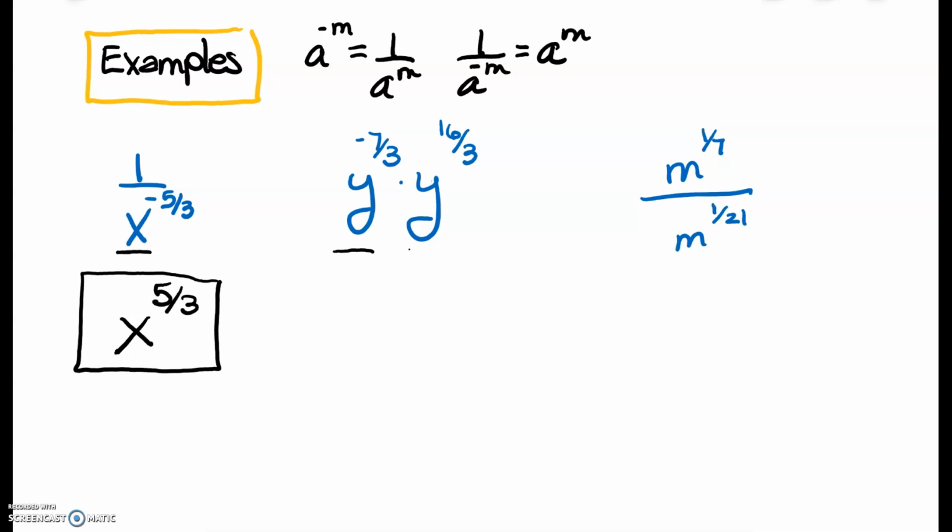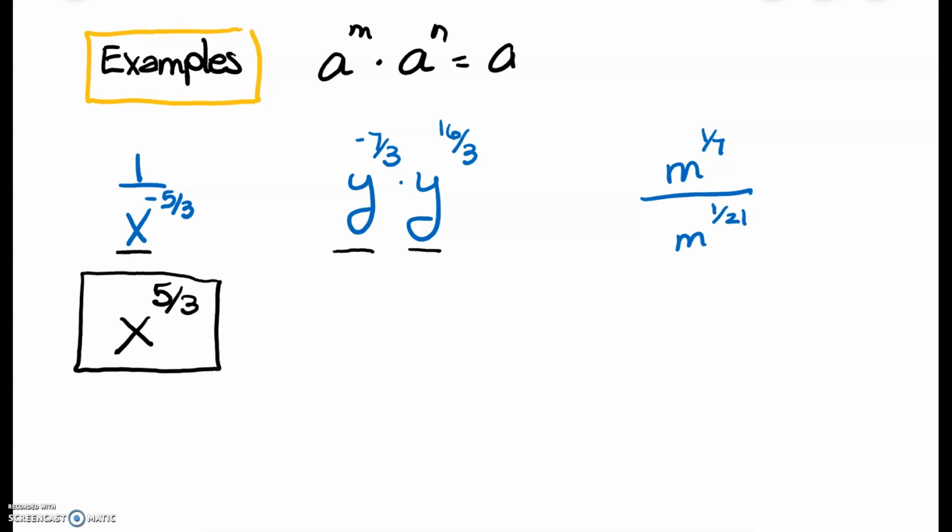Here I have two bases that are exactly the same, and in this case, I'm going to use my product rule, and my product rule is if I multiply a to the m by a to the n, I can just add my exponents. Okay, they have to have the same base though.